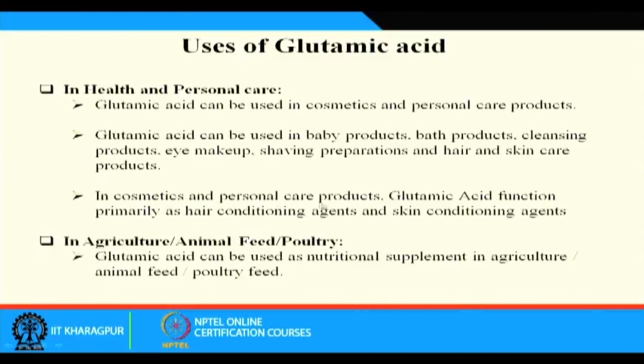In cosmetics and personal care products, glutamic acid functions primarily as a hair conditioning agent and a skin conditioning agent. Nowadays a lot of us are very careful about our skin as well as our hair, so glutamic acid plays an important role in keeping the quality of those materials.